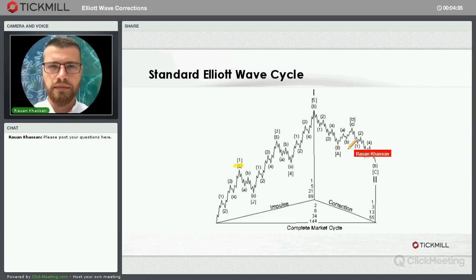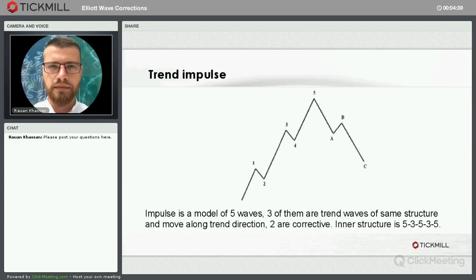Same for correction, but vice versa. The first model we were describing during the previous session was the trend impulse. I'm reminding you of the trend impulse on purpose, because the first correction model that we will be covering in the current session has a very similar structure to a trend impulse.